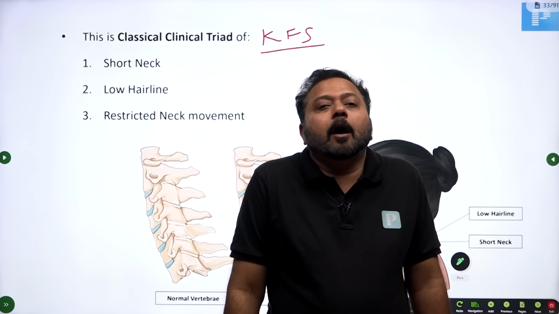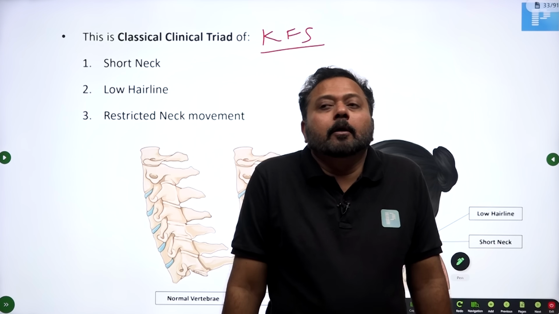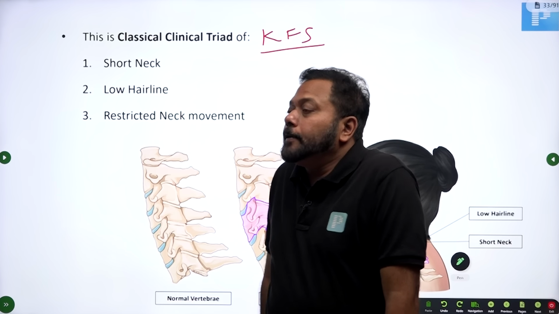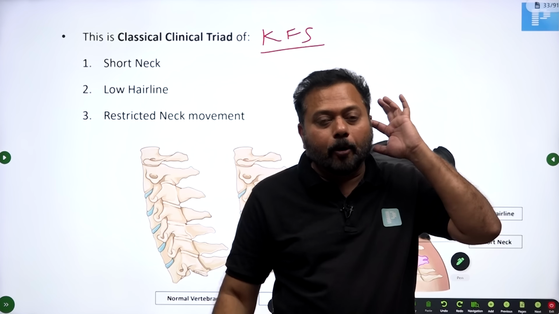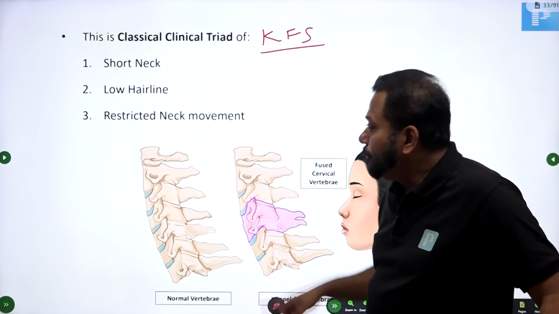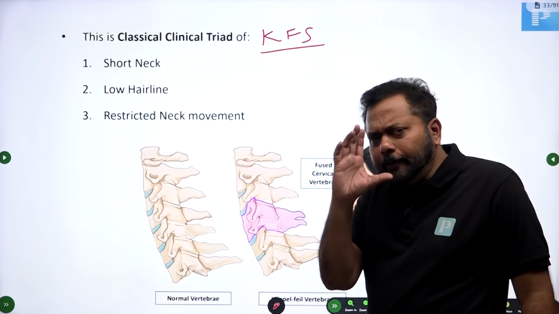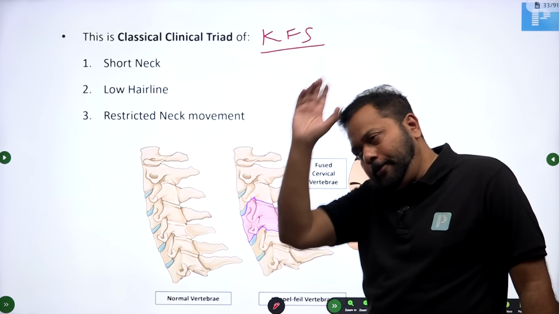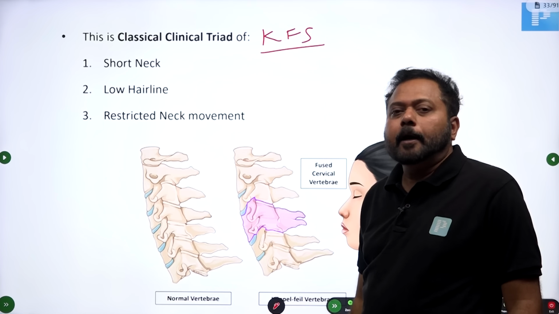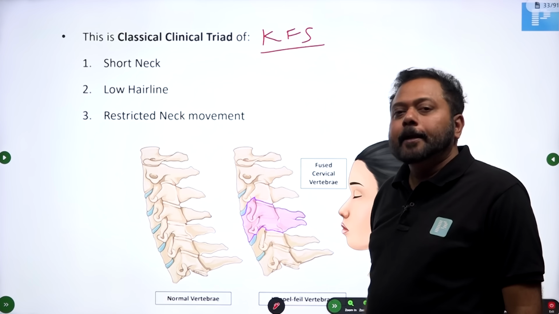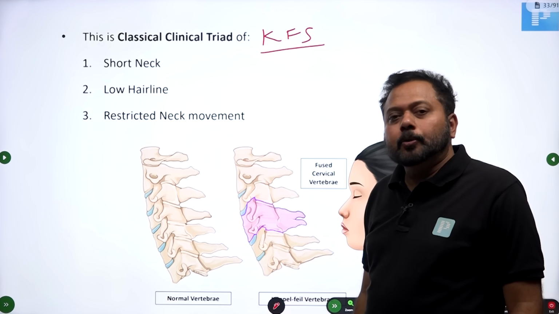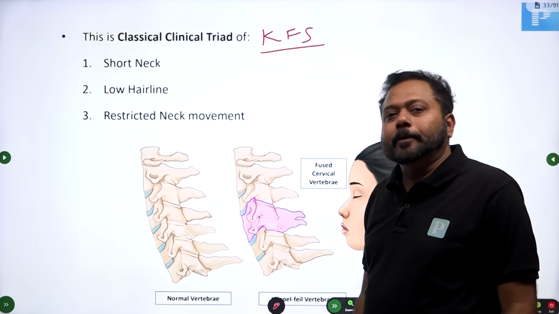So that is lost. Whenever you call them, they will turn their whole body and look. This is the only problem; otherwise, there is no problem. This is called Klippel-Feil syndrome. Whenever you see Klippel-Feil syndrome, it will be associated with Sprengel shoulder, unless otherwise proven. Whenever you see Sprengel shoulder, it will be associated with Klippel-Feil syndrome. So this is the importance of this question.